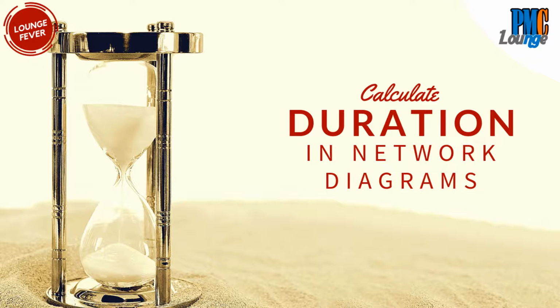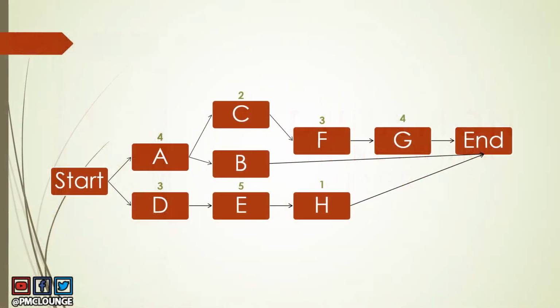So in the next slide, let's take a look at a network diagram. This is a network diagram that we used in one of our previous videos itself. And these numbers here, 4, 2, 3, the ones that I'm highlighting right now, these are durations. And these A, B, C, all of these are activities. So these numbers were always available in the network diagrams in all the questions, in all the examples that we took.